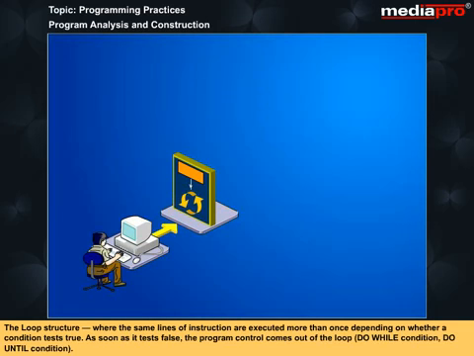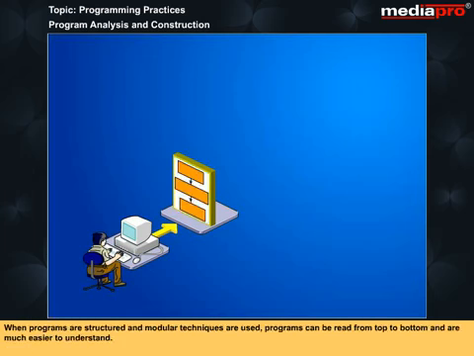The loop structure, where the same lines of instruction are executed more than once depending on whether a condition tests true. As soon as a test is false, the program control comes out of the loop. Do while condition and do until condition. When programs are structured and modular techniques are used, programs can be read from top to bottom and are much easier to understand.